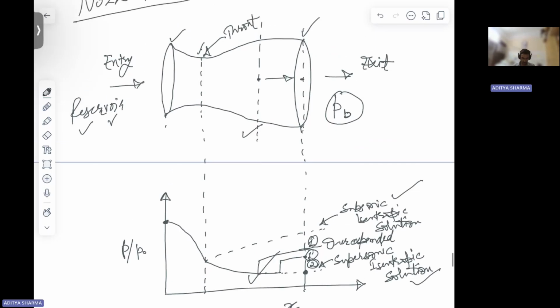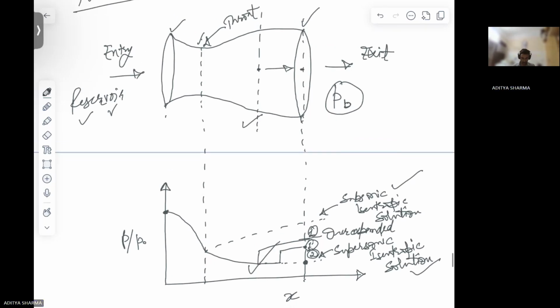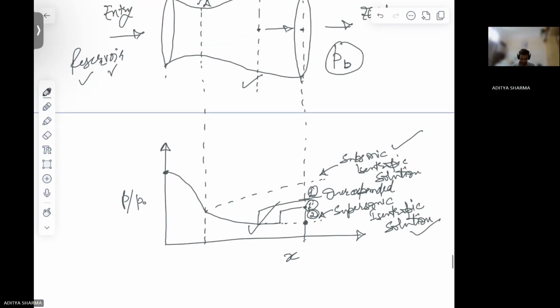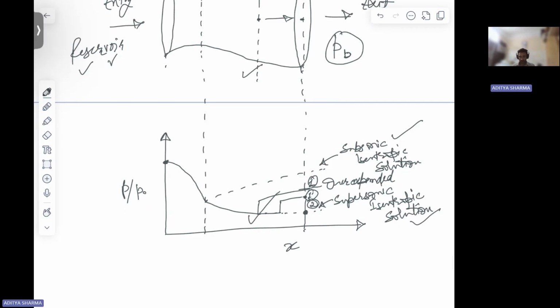So initially we'll have some reservoir pressure. Now you can see, till the point the flow reaches the throat, its static pressure is decreasing, right? That means it is accelerating. Your flow velocity is increasing and its static pressure is decreasing, right? Then the flow in the next section depends on your back pressure, right?